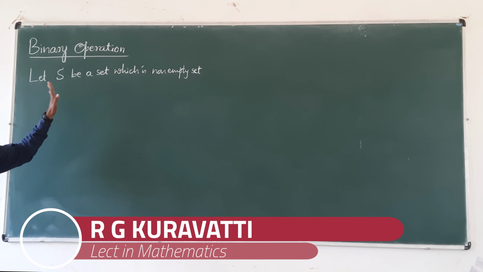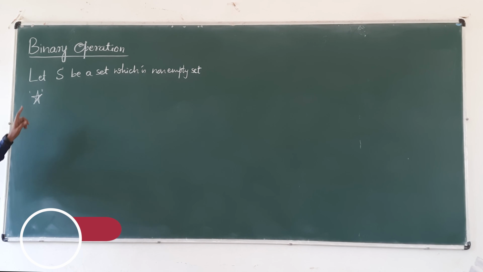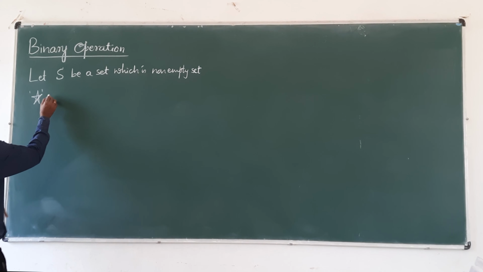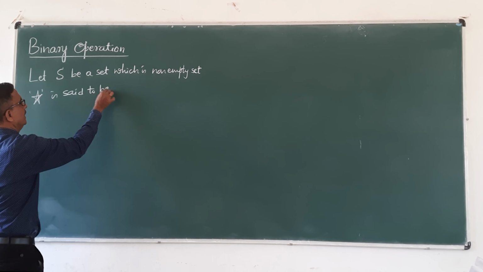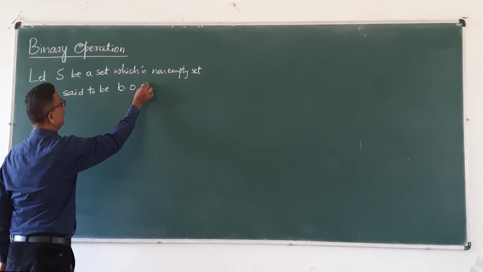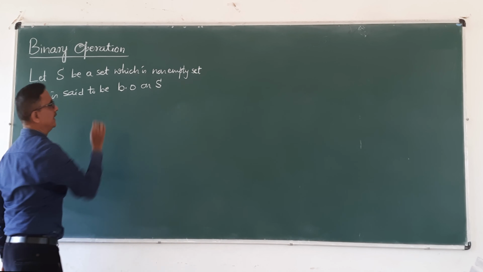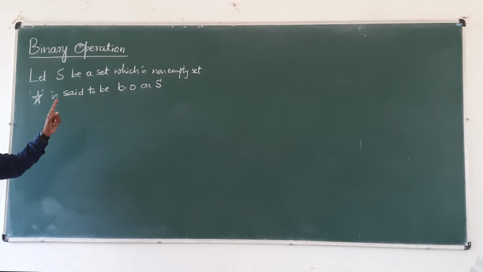So remember, S be a set which is a non-empty set, then an operation denoted by the symbol star. This is the notation for star. An operation star is said to be a binary operation on the set S. BO means binary operation on the set S.